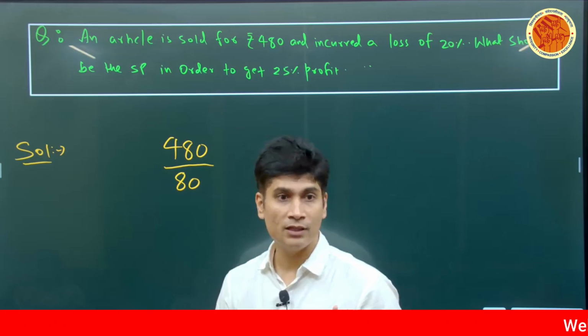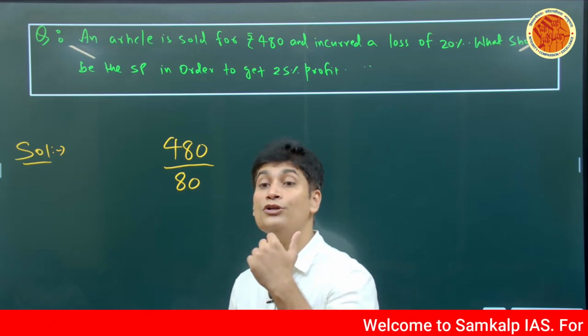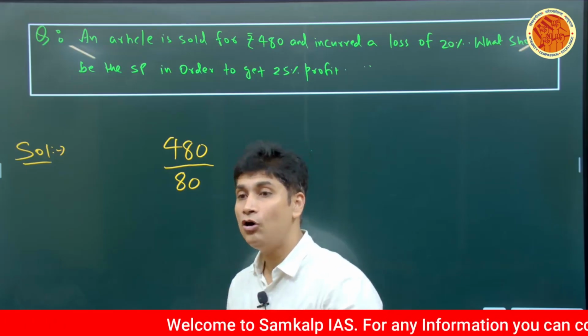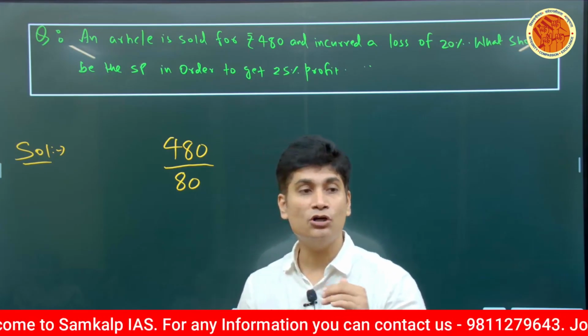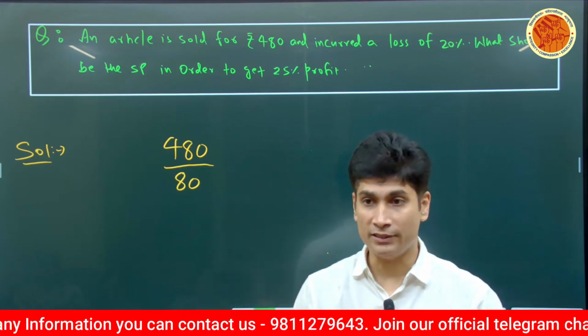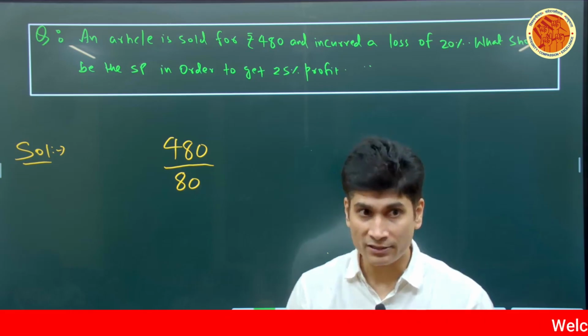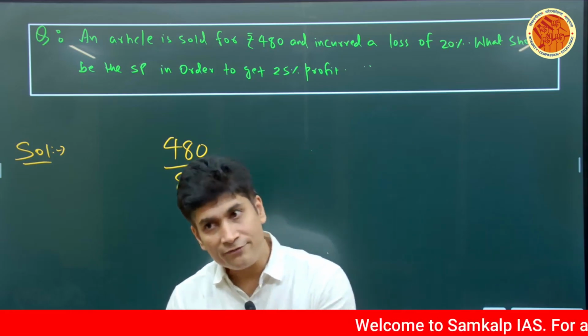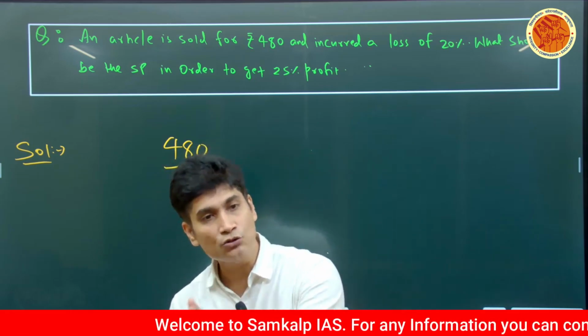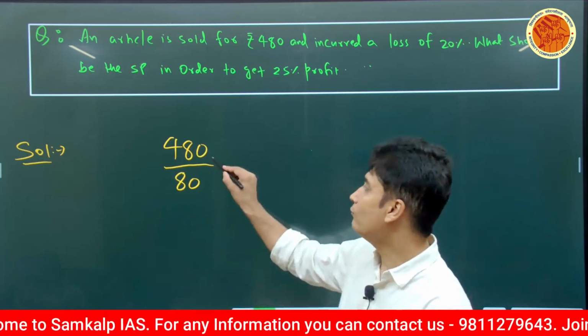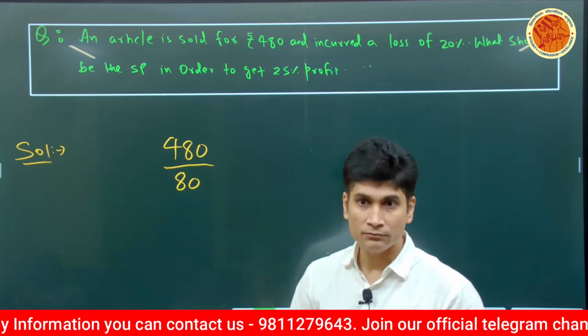Yes or no? Okay. Now you want to find out the selling price in order to get a profit of 25%. Selling price, not cost price. Had they asked you to find out cost price, I would have multiplied here by 100.